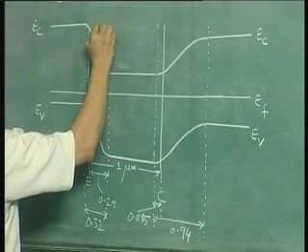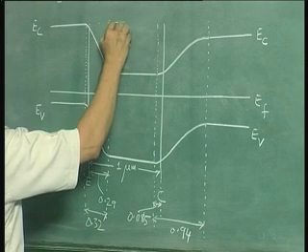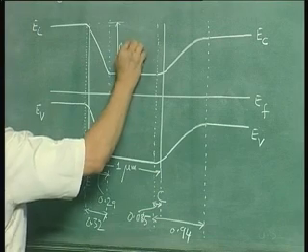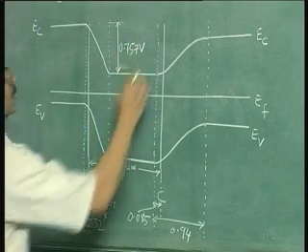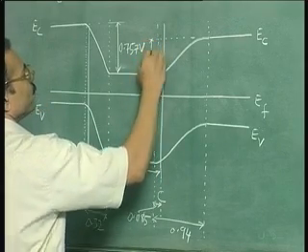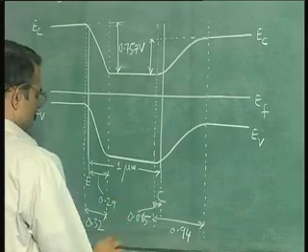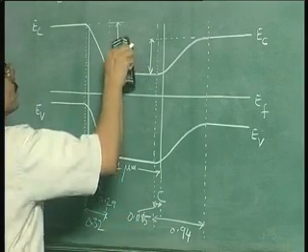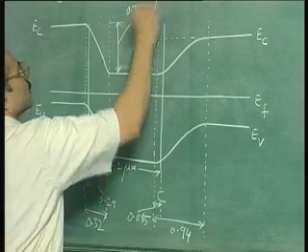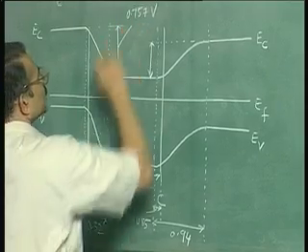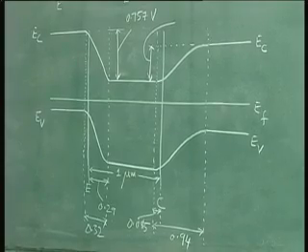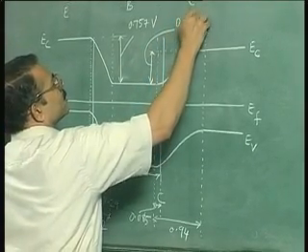This potential drop is 0.757 volts, and similarly this potential drop, this is the built-in potential, this potential drop is, we will move this up to avoid confusion, the 0.757, and this is 0.637 volts.